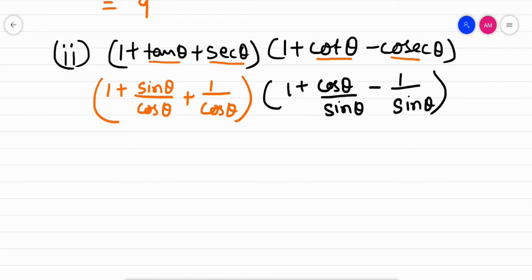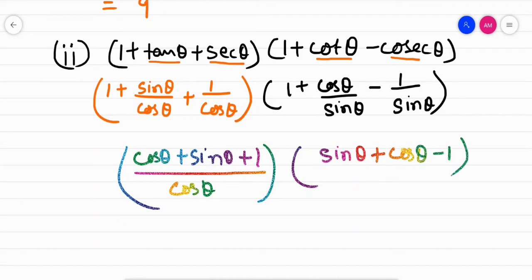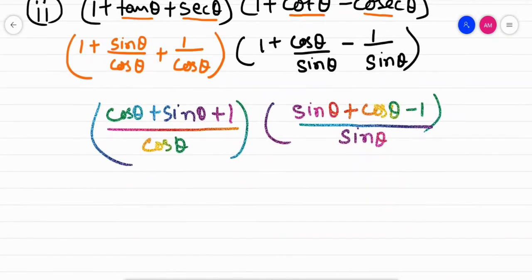So for LCM this will become (cos theta plus sin theta plus 1) by cos theta, and then here it will become (sin theta plus cos theta minus 1) divided by sin theta. Now you are getting this one.